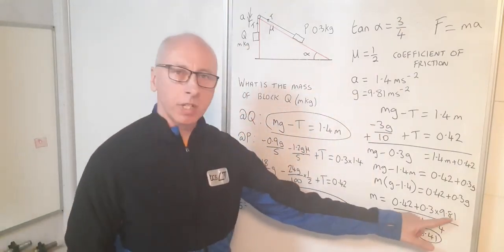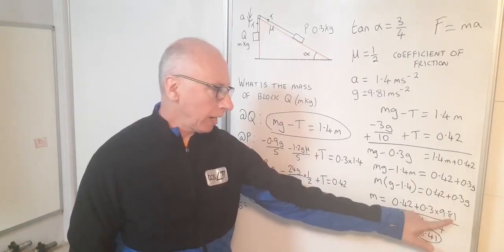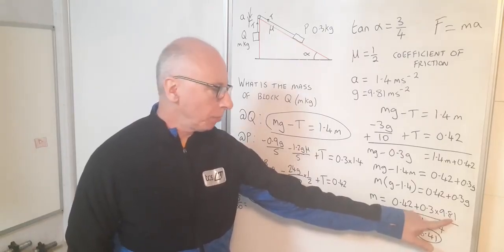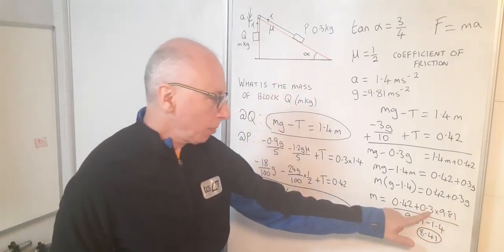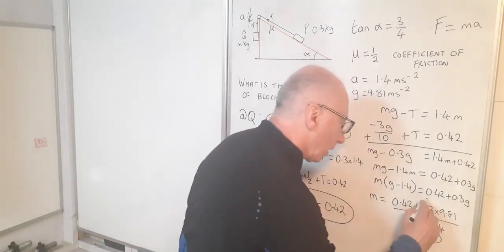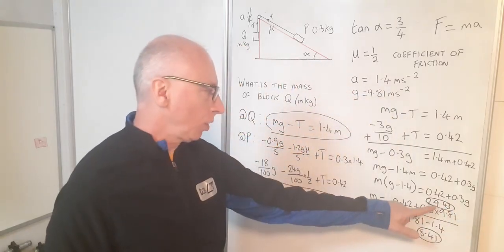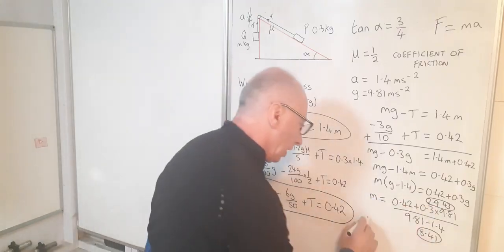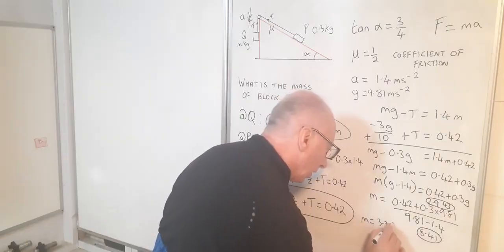Okay, so then I've got 0.3 times 9.81. So that's 3 times 9.81, which will give me 29.43. But I've got another decimal place, so it'll be 2.943. And then add 0.42. So that would then give me m equals 3.363 divided by 8.41.